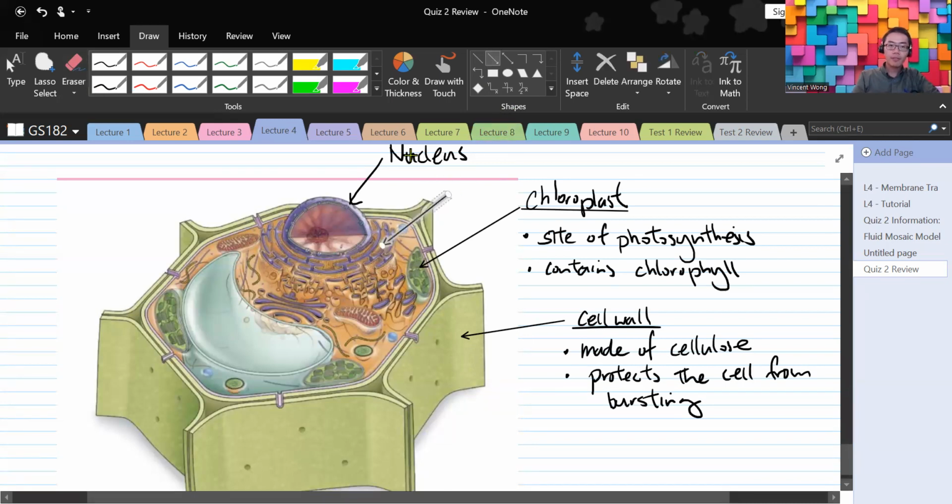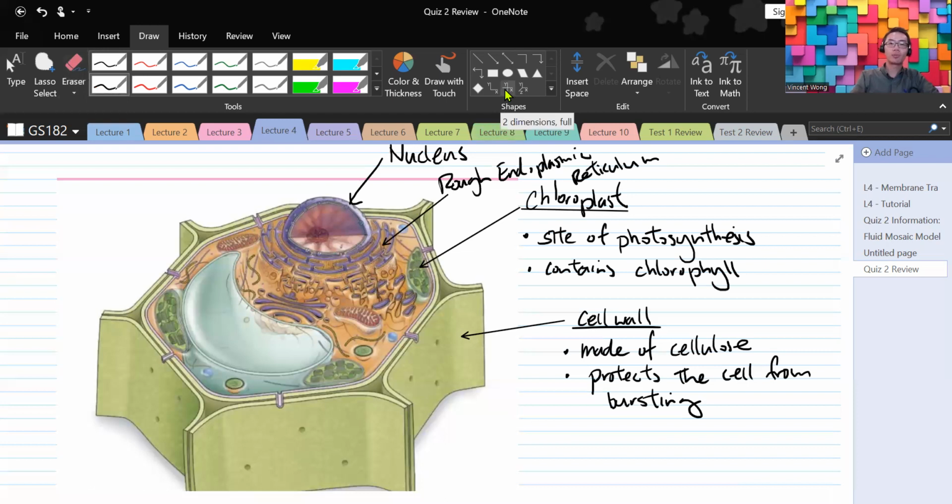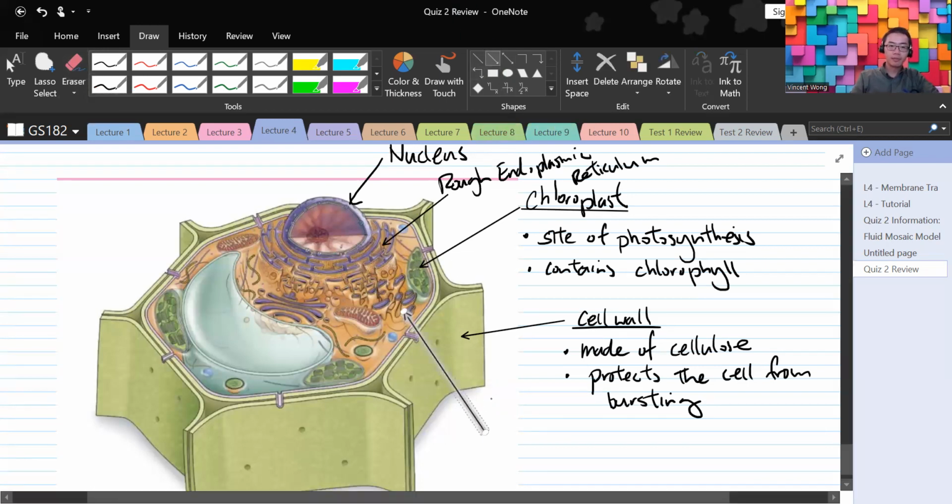Right here, that's the rough ER. We already talked about the function, like protein synthesis, worked with the ribosome. We have the smooth ER here.